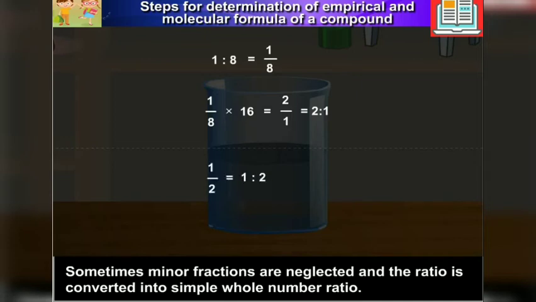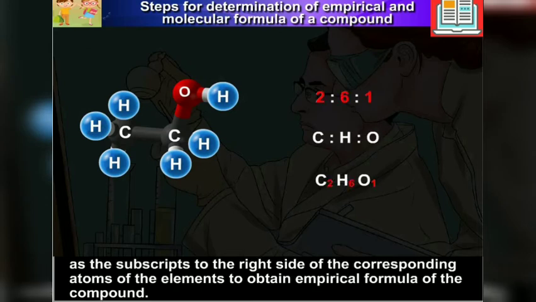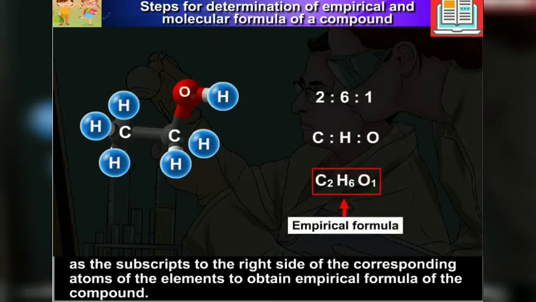Sometimes minor fractions are neglected, and the ratio is converted into simple whole number ratio. 5. The whole numbers of the ratio of number of moles of elements are written as subscripts to the right side of the corresponding atoms of the elements to obtain the empirical formula of the compound.